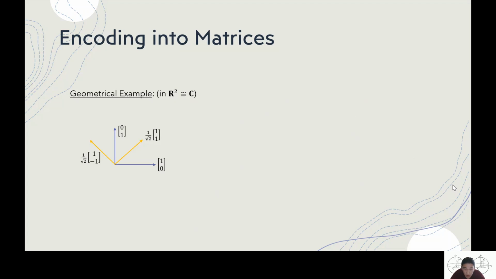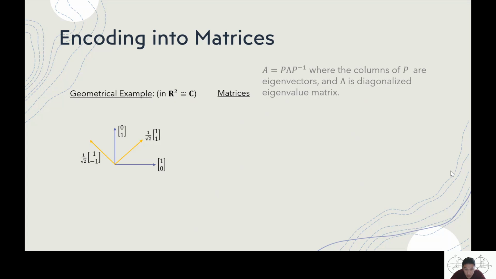So here's how we do it using matrices. First, we recall that given a set of eigenvectors and eigenvalues, we can construct a matrix by taking the matrix product P Λ P inverse, where the columns of P are eigenvectors and Λ is the diagonalized eigenvalue matrix.